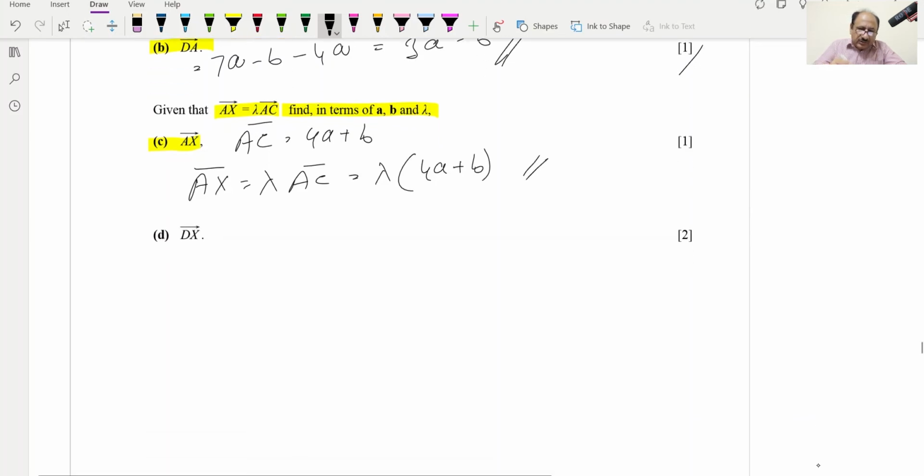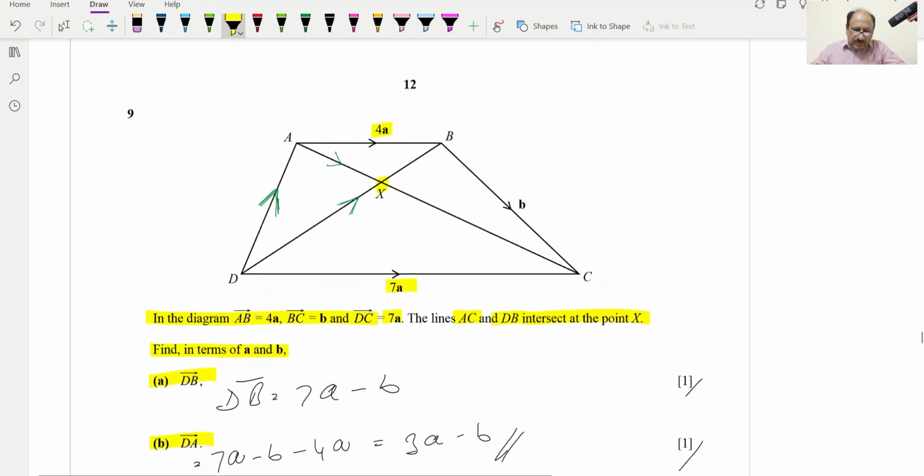So DX, we require DX. For DX, we can write DX is this one. So DX is equal to DA plus AX. So DA this one and AX this one.